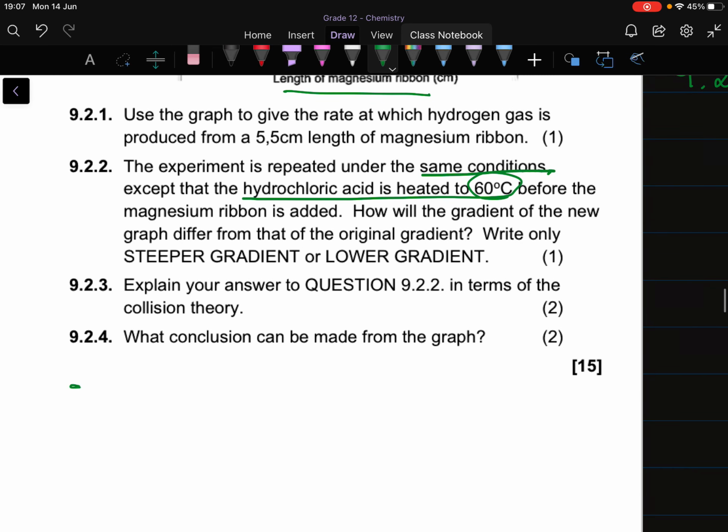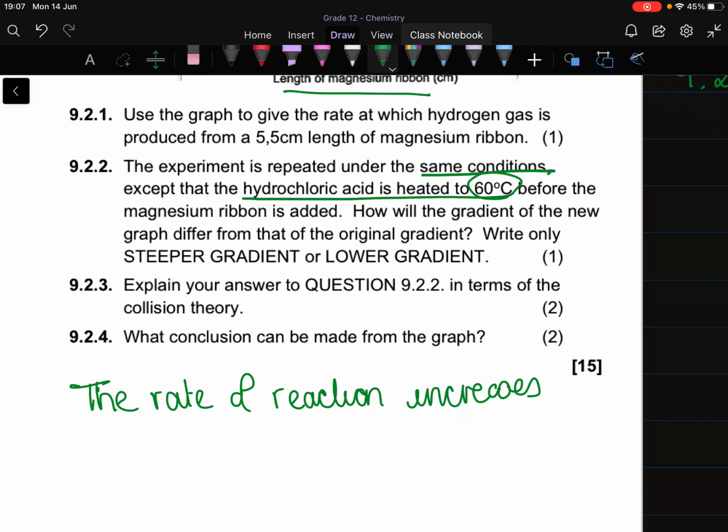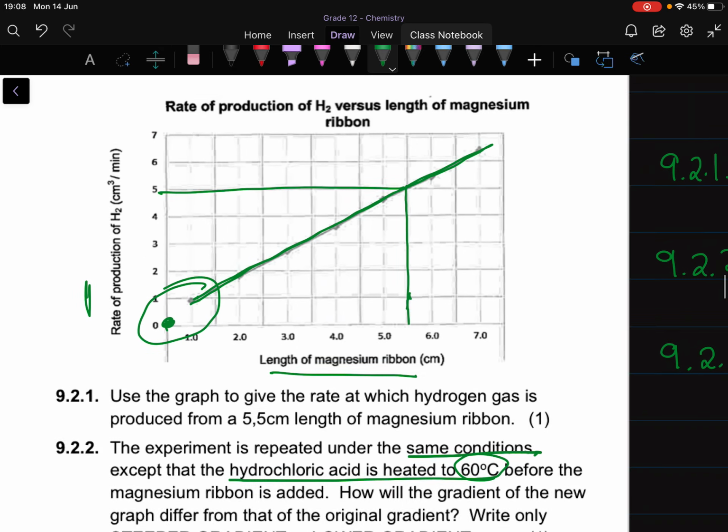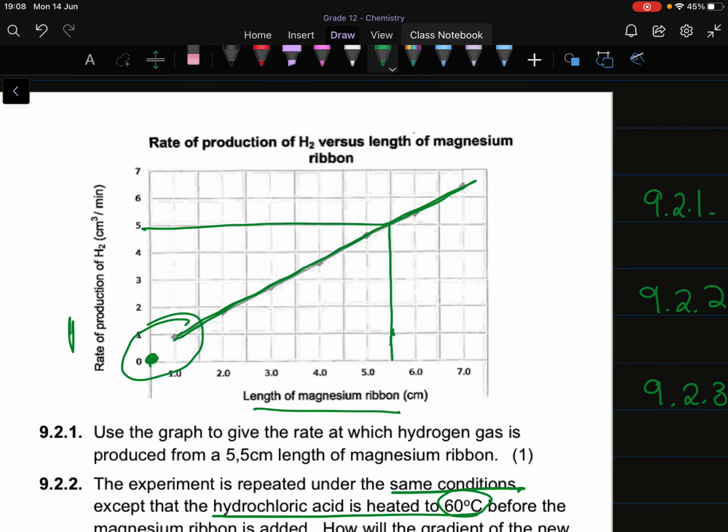So what we can say, okay, is the rate of reaction increases as the length of the magnesium ribbon increases.